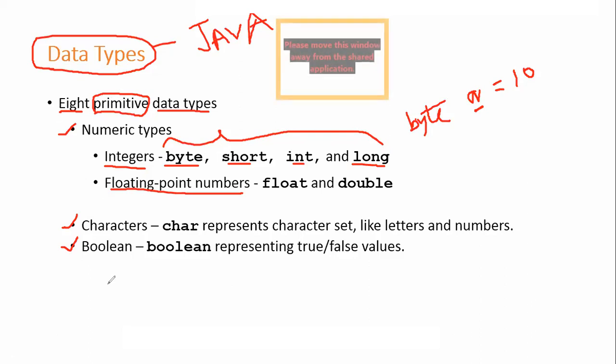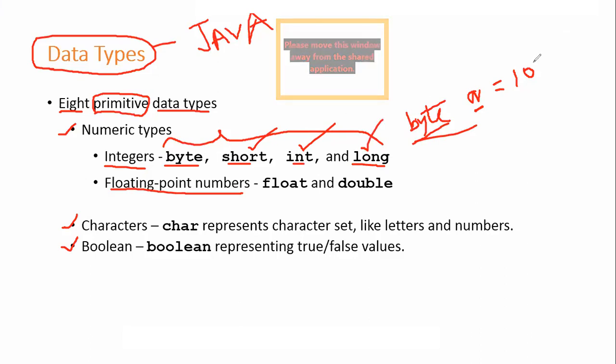But there may be situations where you should not pick byte. Instead of byte, you need to pick short. Or there may be situations where you can't pick short, but you need to pick int. Or there may be situations where int does not work. In such a case, you need to go for long.